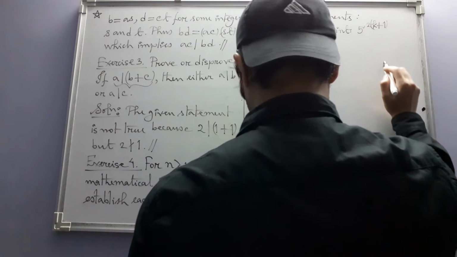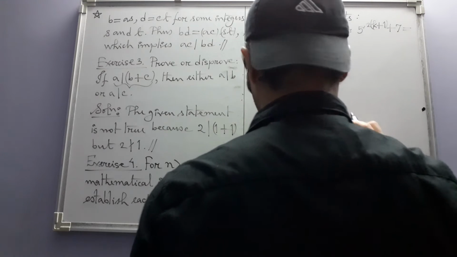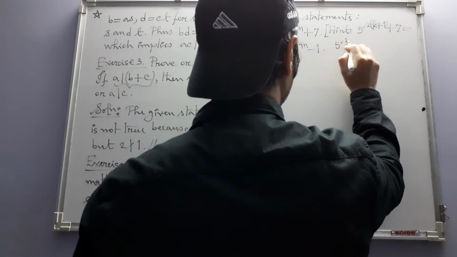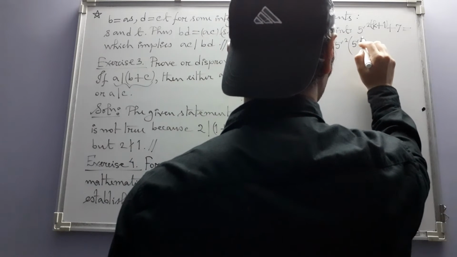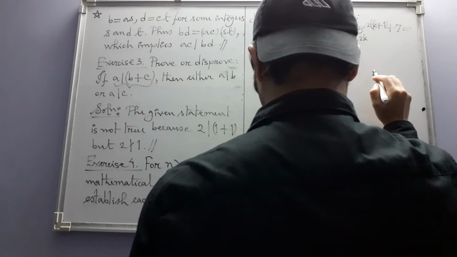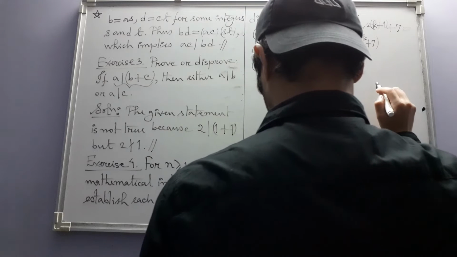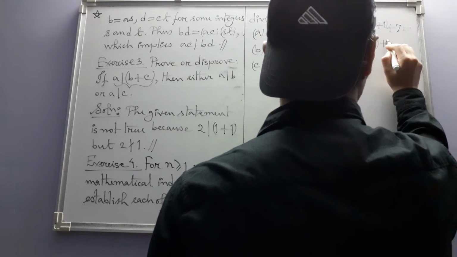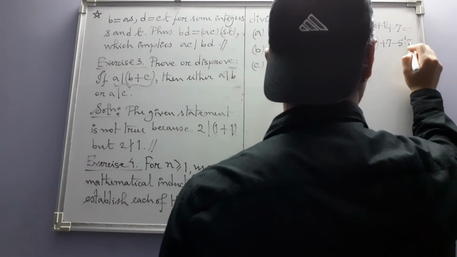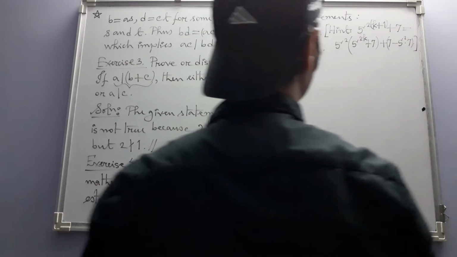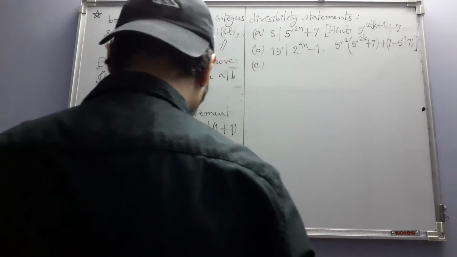This is the hint that helps us in carrying out the induction step. 5 square times 5 to the power 2k plus 7 plus 7 minus 5 square times 7. Okay, this is the hint to this one.